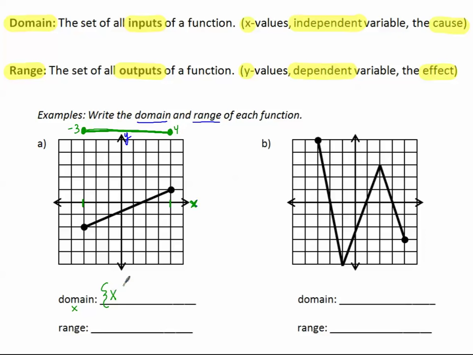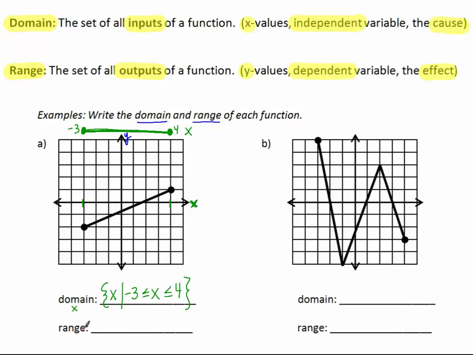We say all x such that, and because there are two endpoints and the function is everything between those, we say -3, starting with the smallest value, is less than or equal to x, which is less than or equal to 4, the biggest value. So the domain, that's our x, is going left and right like the x-axis.